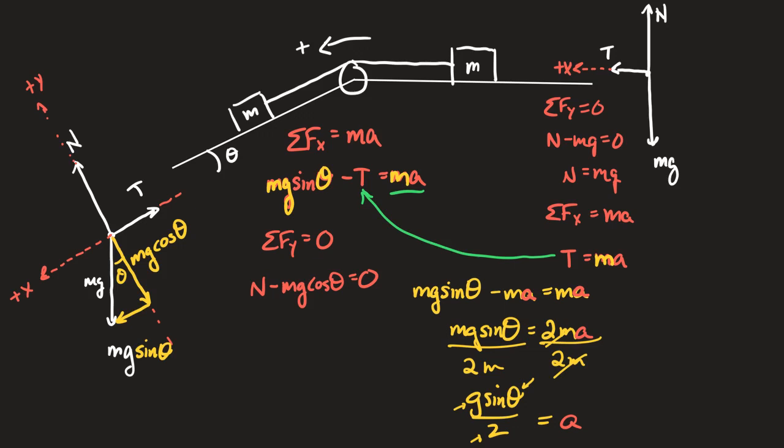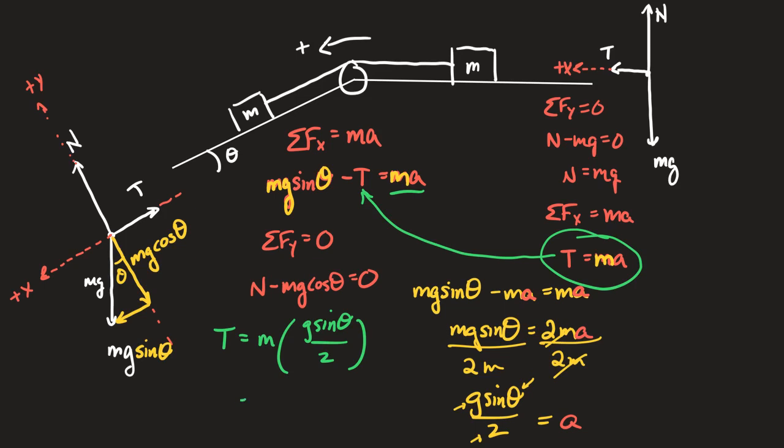Now, that's not the only thing you're supposed to do. You're also supposed to find the tension. I would do that here. It's easiest. I just found the acceleration. So to find the tension, I'll take the mass and multiply by the acceleration. g sine theta over 2. That's the answer.